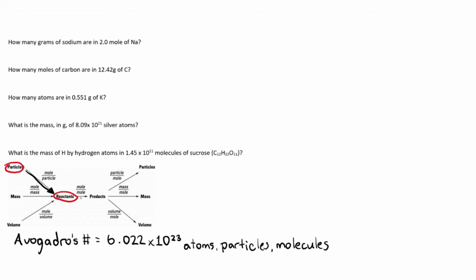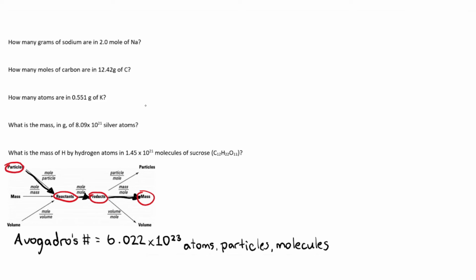We are going in this direction. So we need to do a mole to mole ratio between the moles of sucrose and the moles of hydrogen. And then once we use that conversion, we will be in the moles of hydrogen. And then we can go to mass from there. And that's the pathway of solving this question.